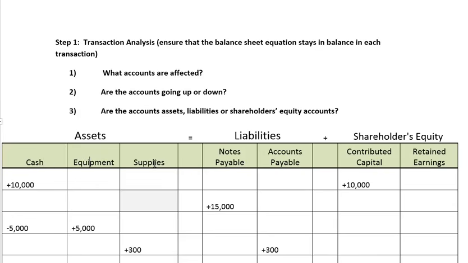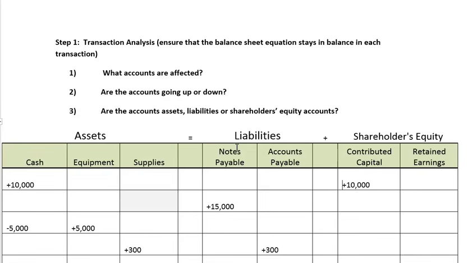We're listing all of the accounts on the top and putting them into their proper classification as assets, liabilities, or shareholders' equity. So we know the accounts affected here are cash and contributed capital, and both are going up. So cash is getting bigger, so a plus, and contributed capital is getting bigger, so that's a plus.